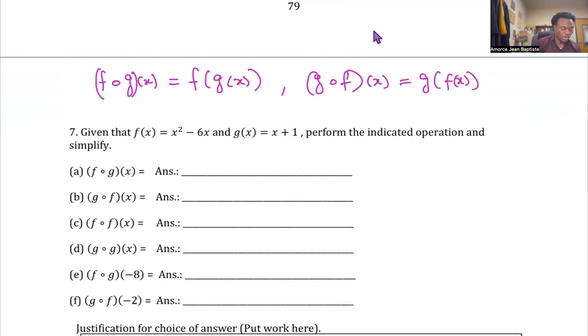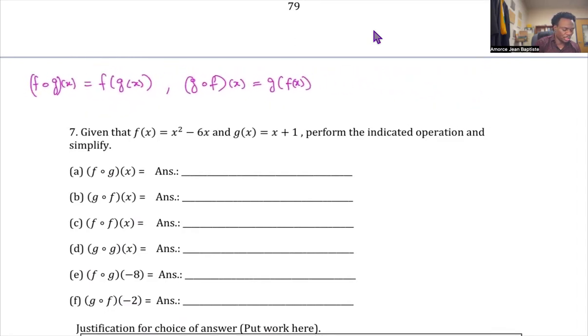Well, what if they want me to find f composition itself? F composition f of x. Well, that would be plugging in f of x into f of x. So every time I see x in f of x, I replace it by itself again. That's how you would calculate f composition f of x or g composition g of x. Depends on what they ask you.